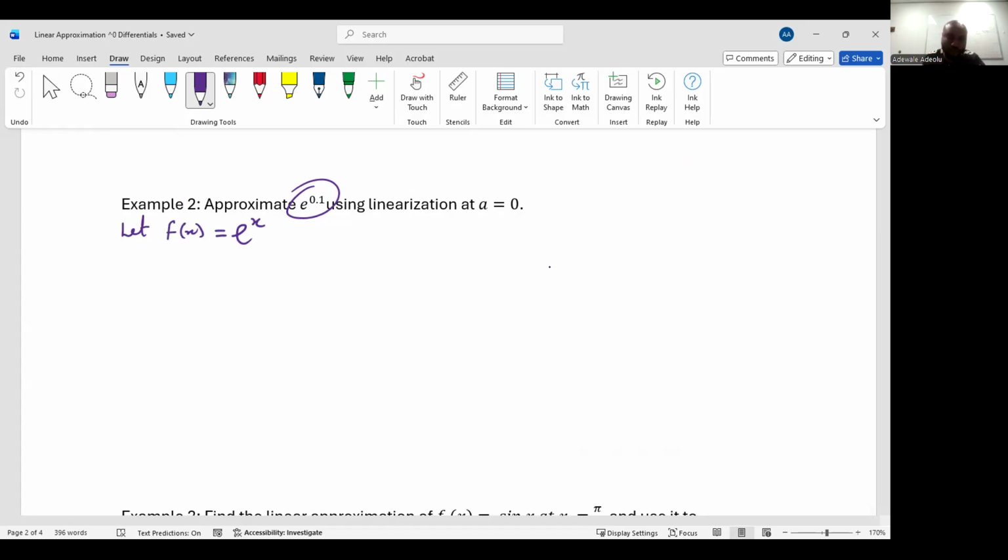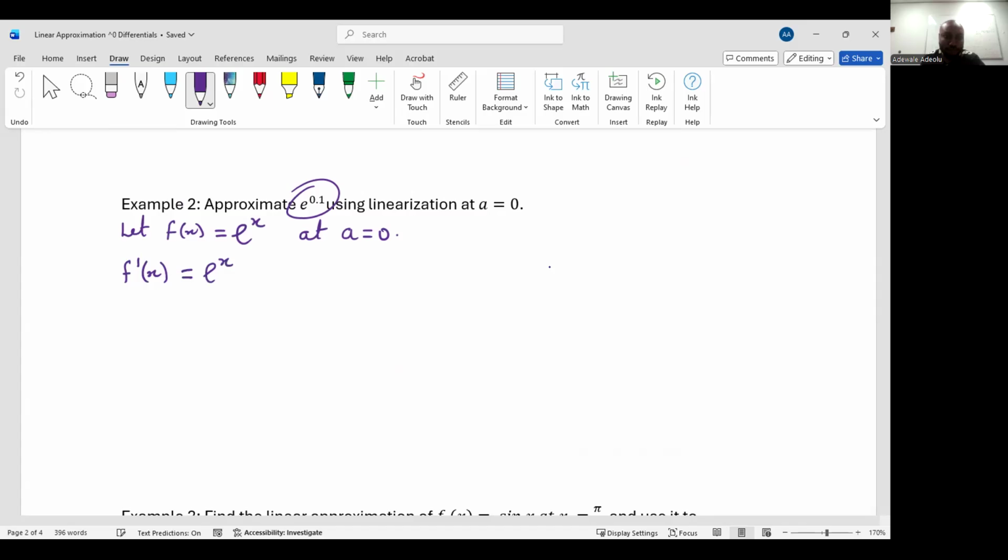I will come back to that. So we want to linearize f of x equals e to the x at a equals 0. Again, let us do the same thing. I will take the derivative f prime of x. The derivative of e to the x is e to the x.